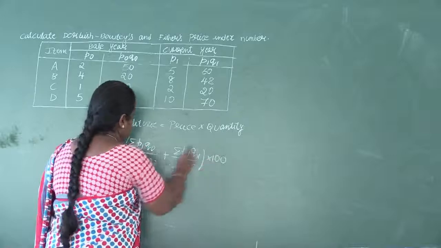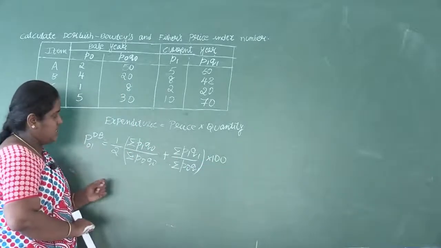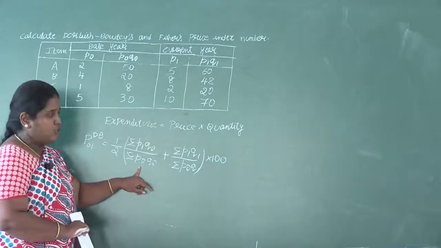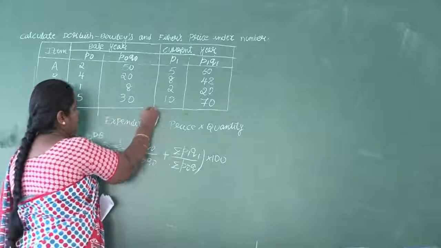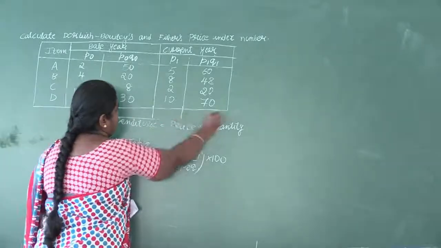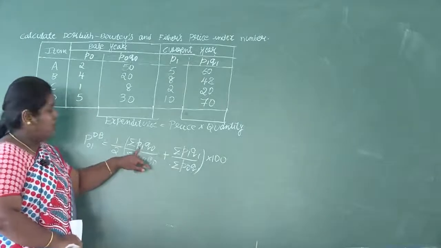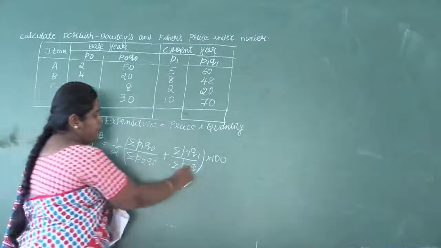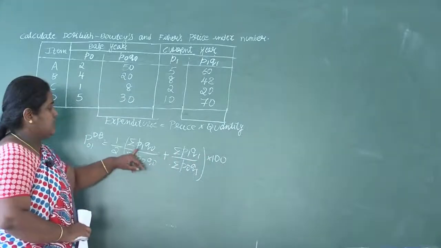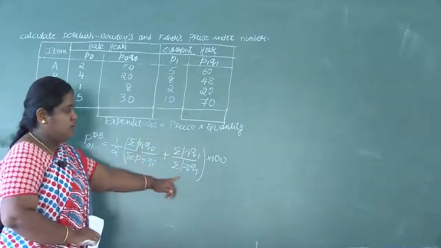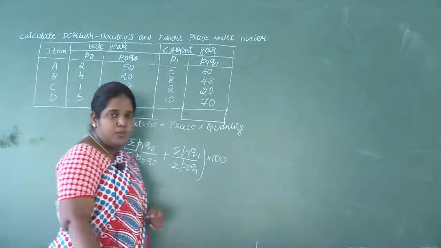We need all these totals to find Dorbish-Bowley's price index number. We have the P0 Q0 and P1 Q1 totals from the question itself, the total of the expenditure values, but we don't have P1 Q0 and P0 Q1 values. We have to find this total to do the problem.